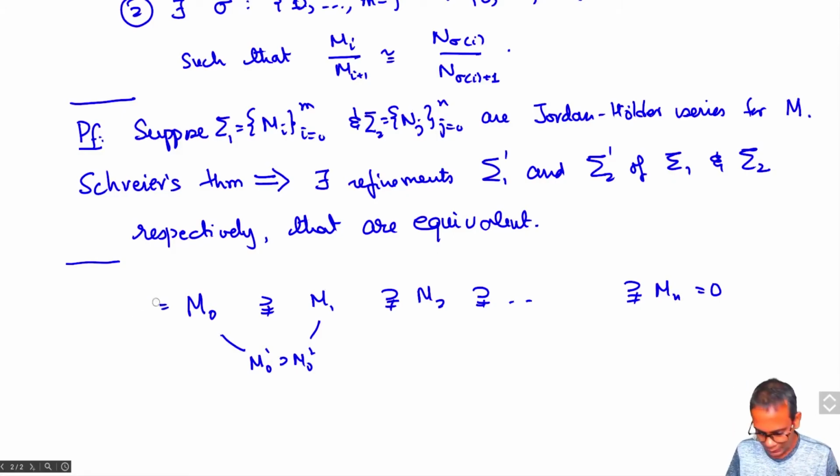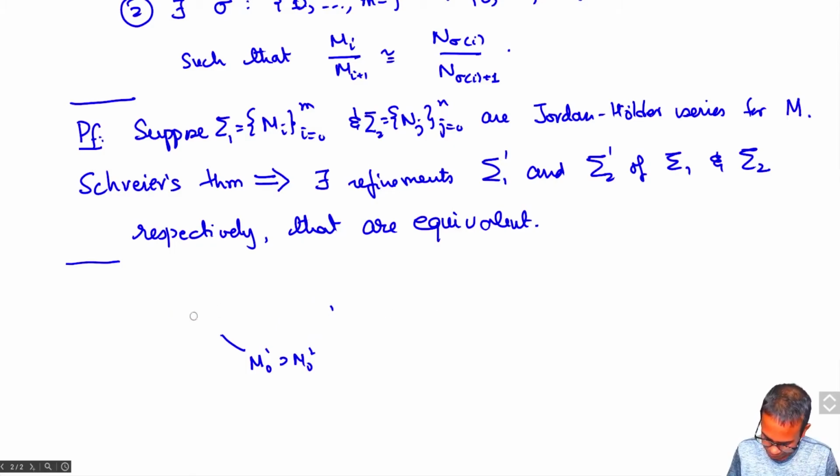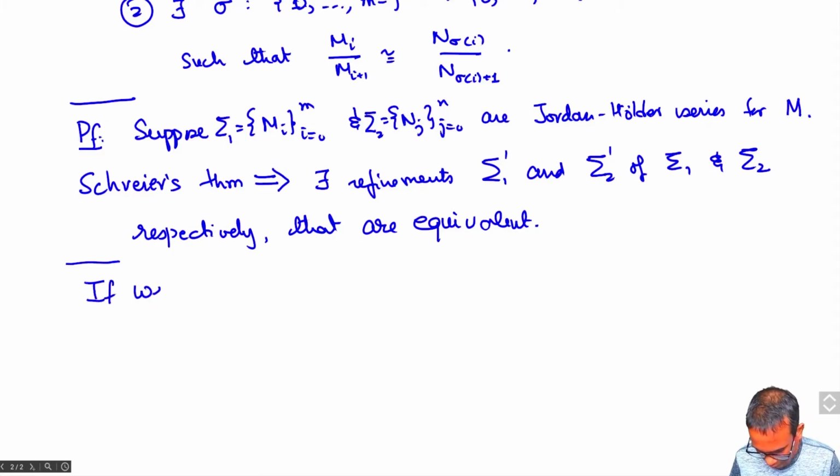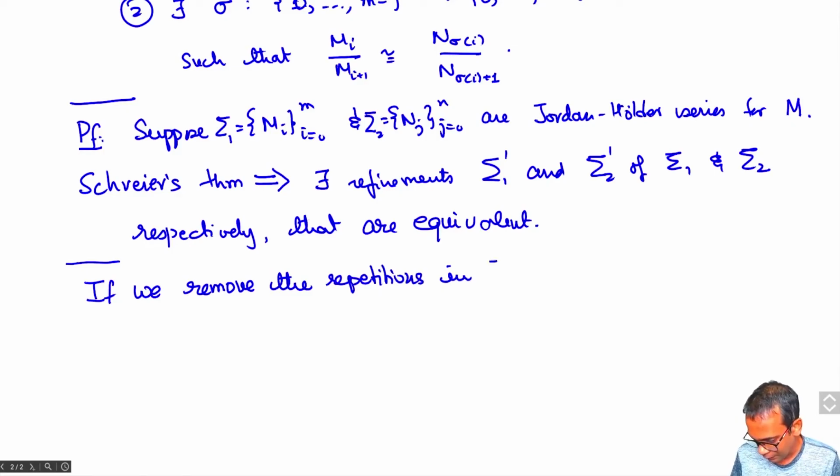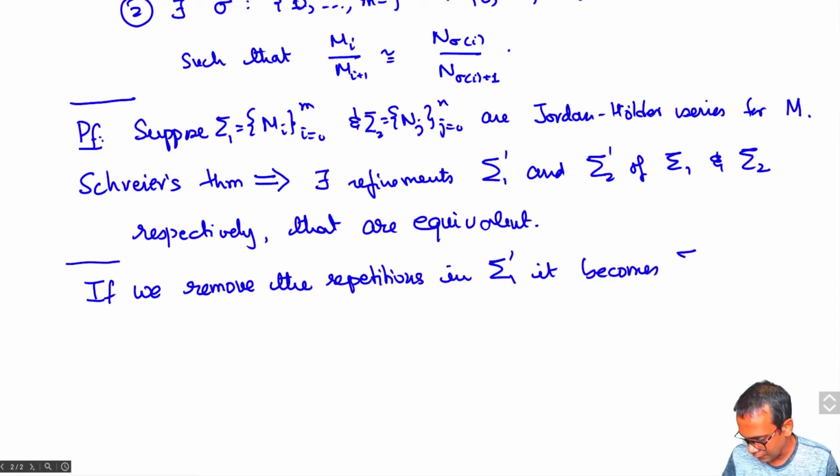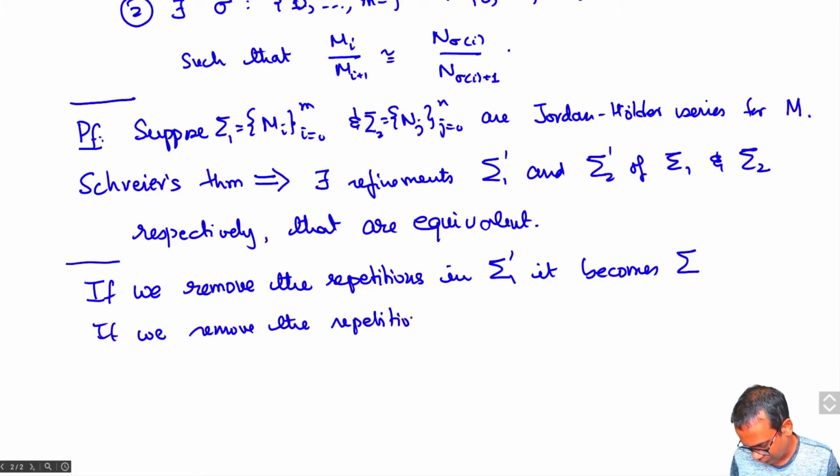So there are no new terms that appear in sigma 1 prime and sigma 2 prime. So if we remove the repetitions in sigma 1 prime, it becomes sigma 1, and if we remove the repetitions in sigma 2 prime, it becomes sigma 2.